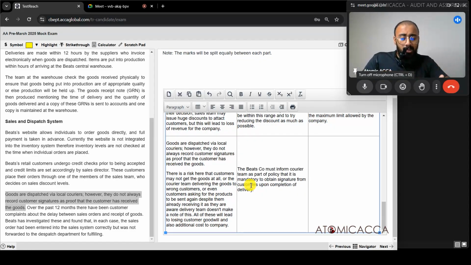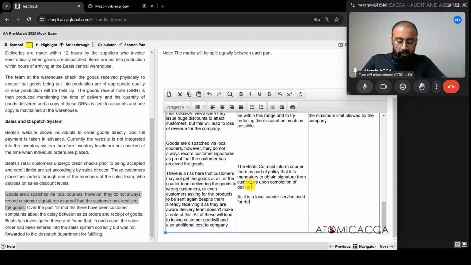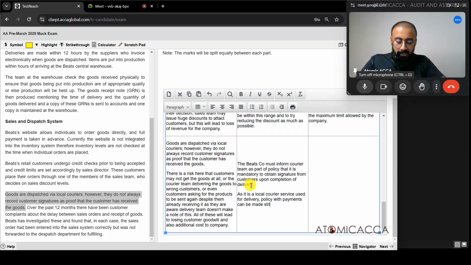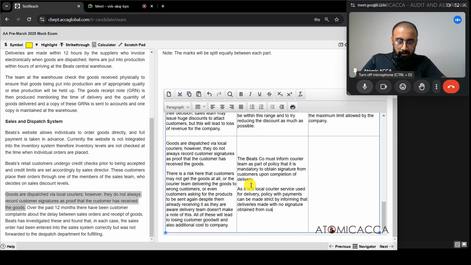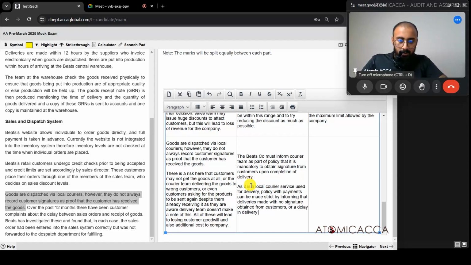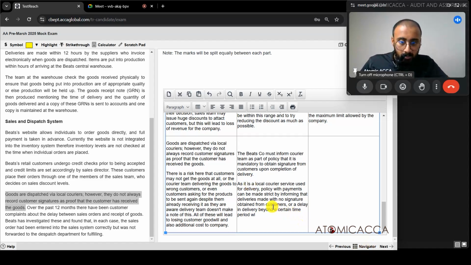Now I need to write a little more. What more can I say? As it is a local courier service used for delivery, the policy with payments can be made strict by informing that deliveries made with no signature obtained from customers, or a delay in delivery beyond a certain time period, will not be paid for by Beats company.